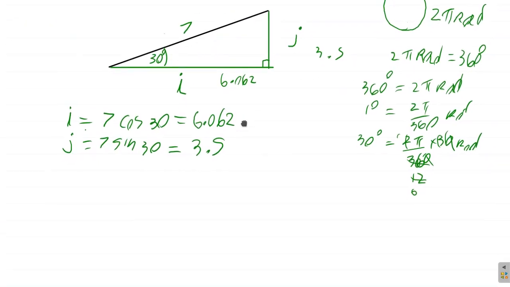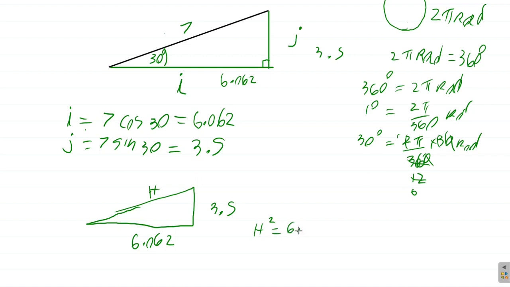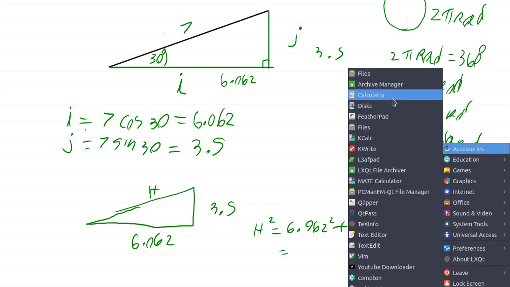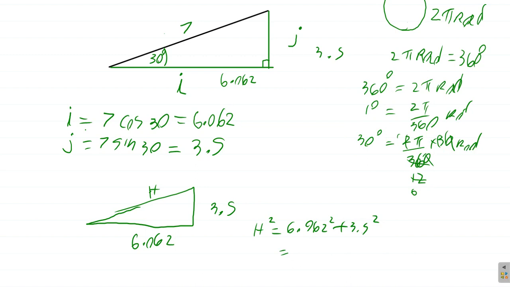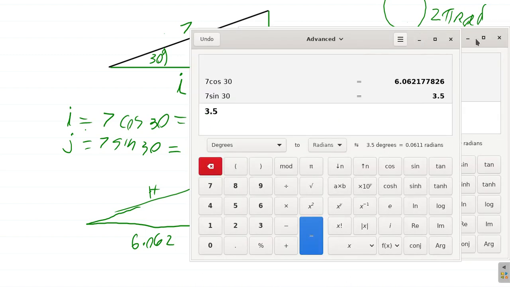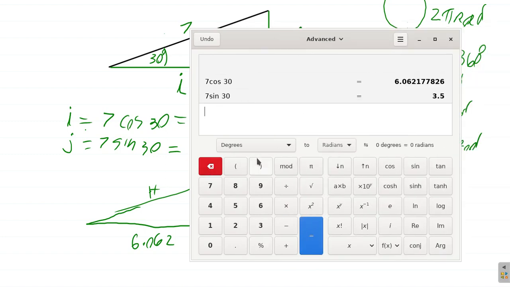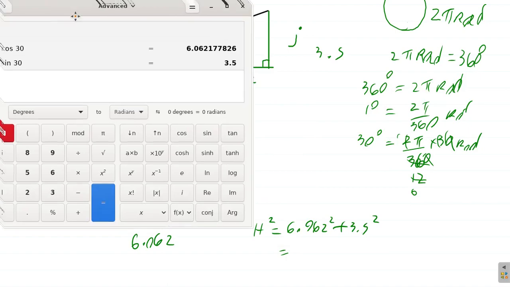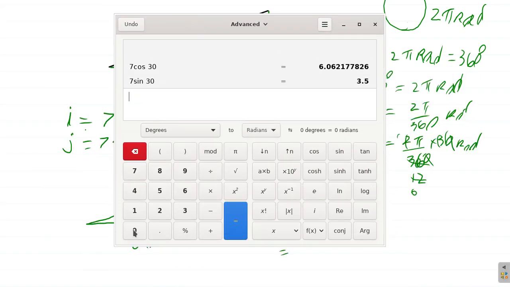Now you remember your Pythagoras theorem? Suppose you consider 6.062 and 3.5. Call the hypotenuse h. h squared equals 6.062 squared plus 3.5 squared. We're going to calculate it on the calculator: 6.062 squared plus 3.5 squared.